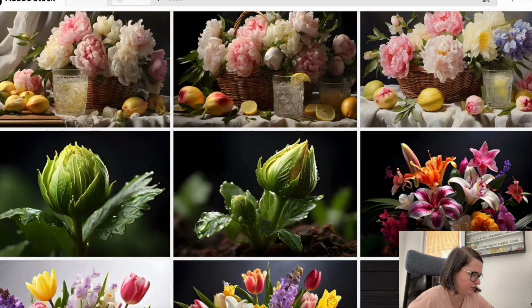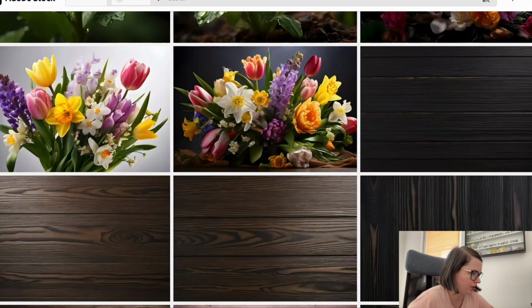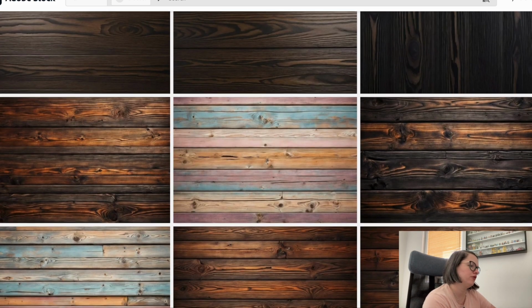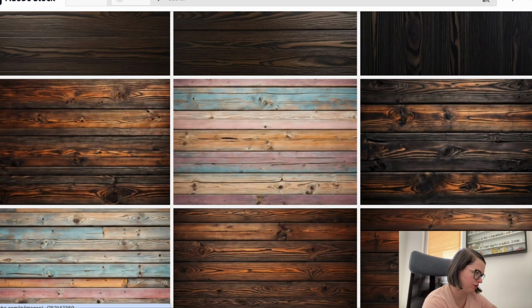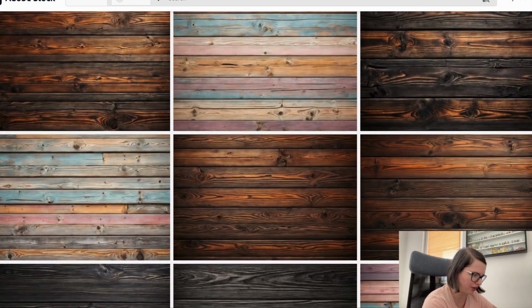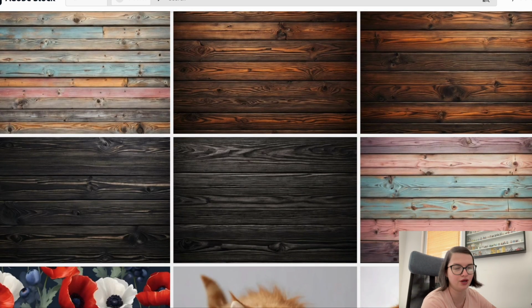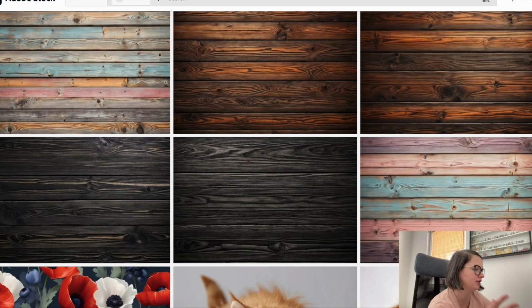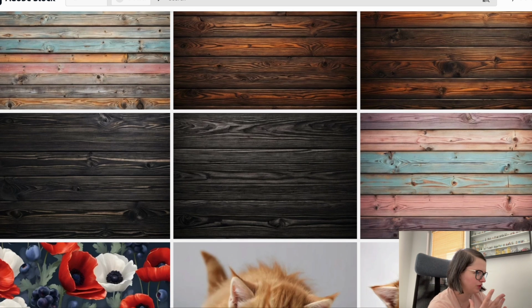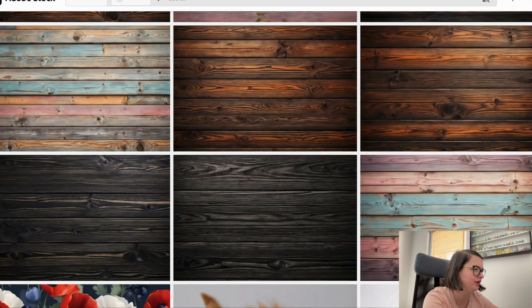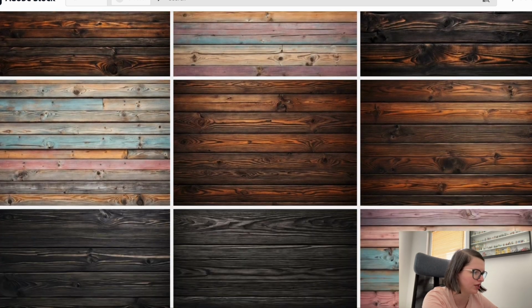All right, so another thing, right? The wooden backgrounds. So the wooden backgrounds are popular, and if you look on Adobe's side and scroll through the most downloaded images, there will be a wooden background there.